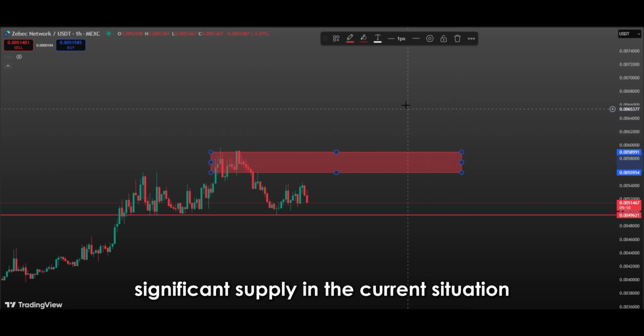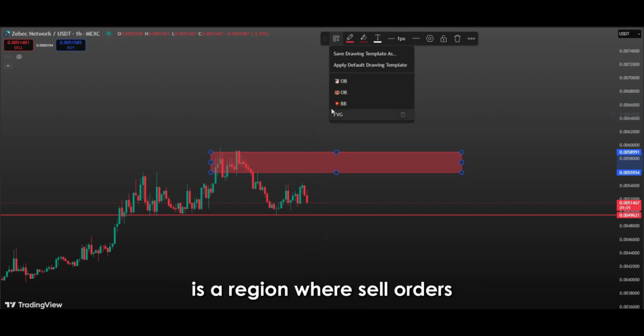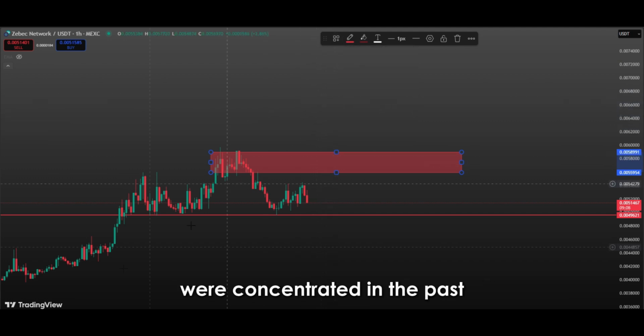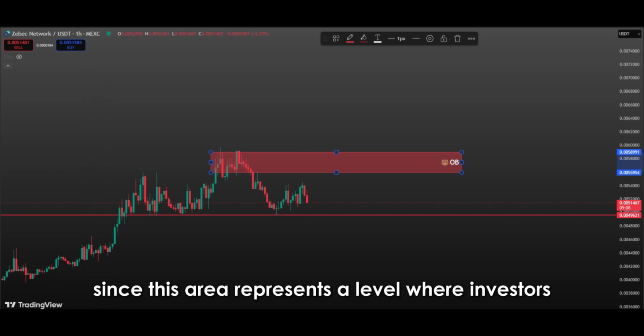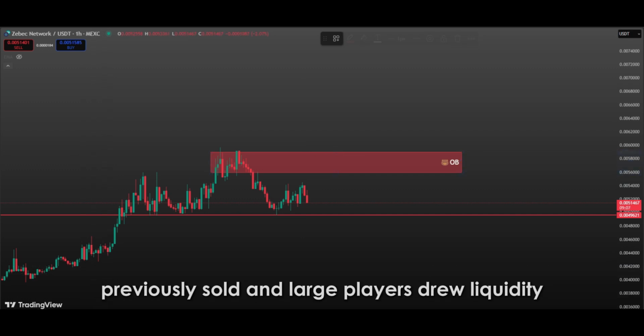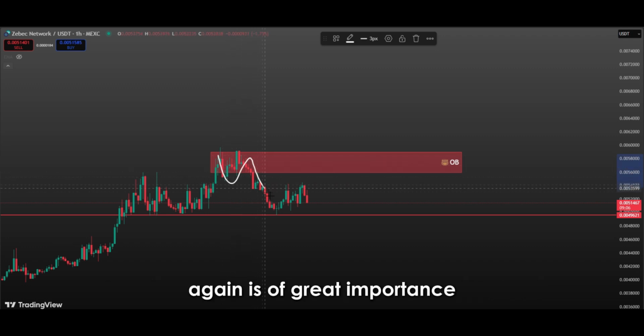In the current situation, this bearish order block positioned just above the price is a region where sell orders were concentrated in the past and buyers lost strength. Since this area represents a level where investors previously sold and large players drew liquidity, how the price reacts when it reaches this level again is of great importance.